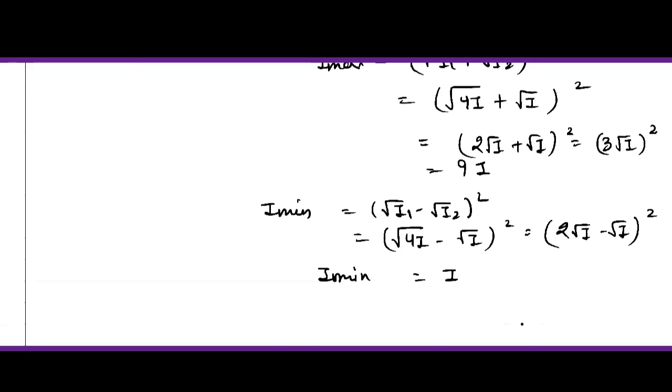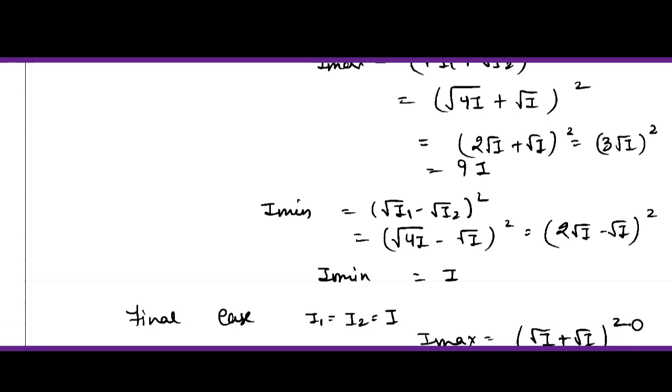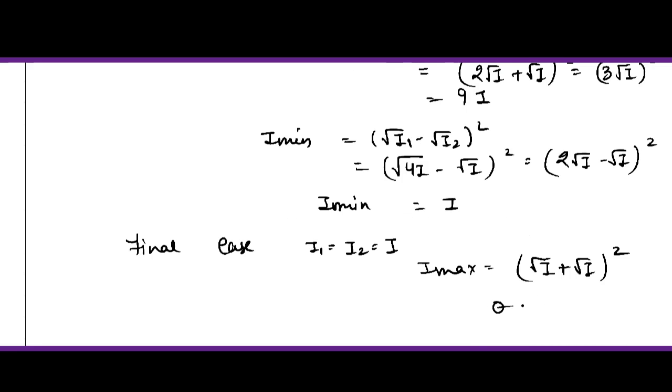Now if we take the final case, I1 equals I2 equals I. So if we find I max, then this is (under root of I plus under root of I) whole square. So this equals 2 under root of I whole square, which equals 4I.